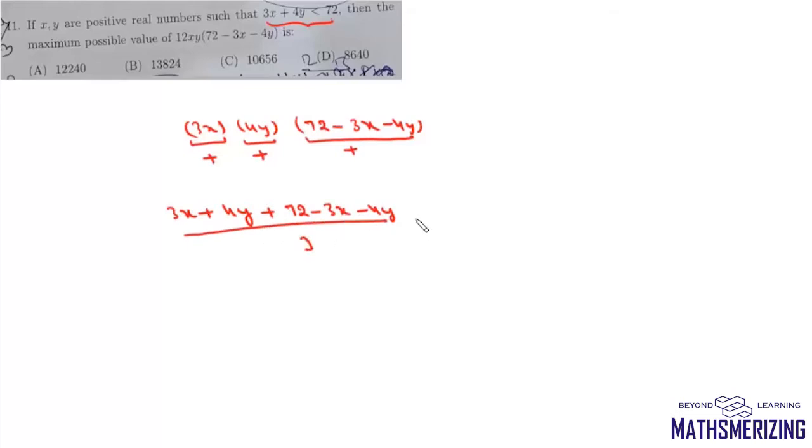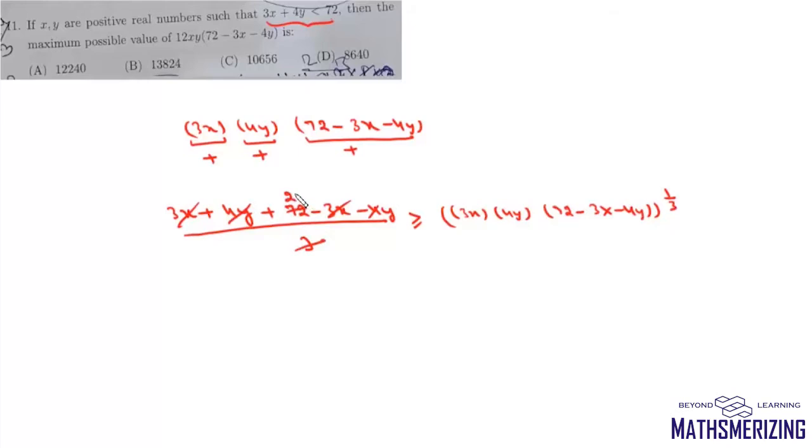divided by 3, and it should be greater than or equal to (3x into 4y into 72 minus 3x minus 4y) to the power 1 by 3. Now 3x plus 4y will cancel. Now here it will be 24.